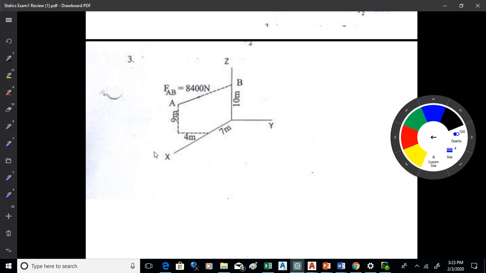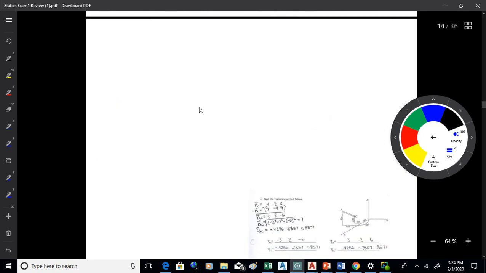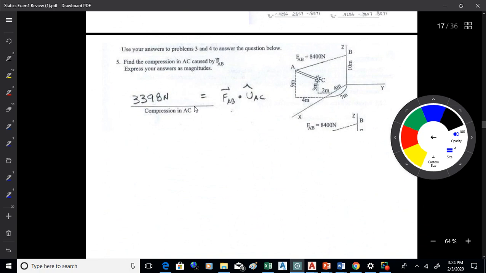Okay? Then after you've found the force vectors and the position vectors, the next thing to do, further on down in the test, is to use those vectors to do some things. All right, and when I grade that, this test was set up in that fashion, okay?